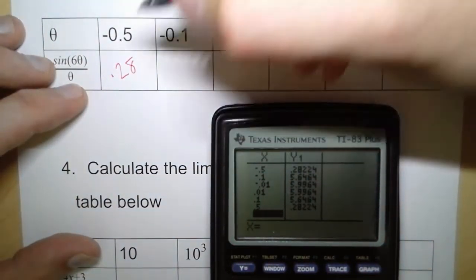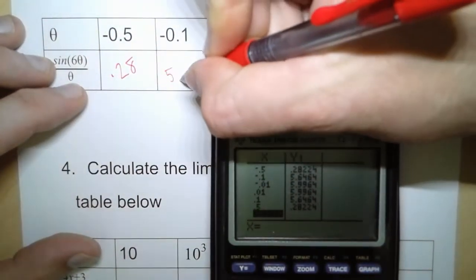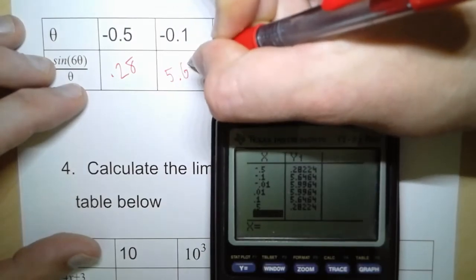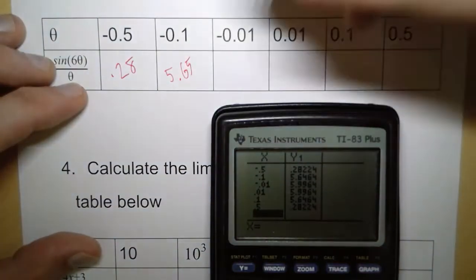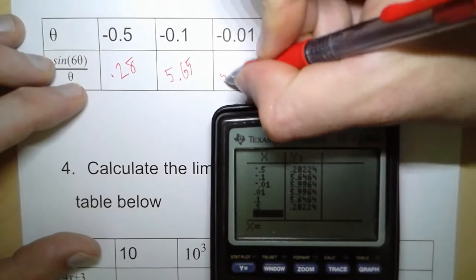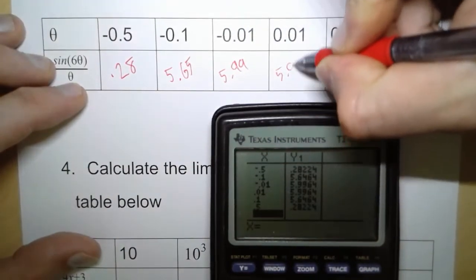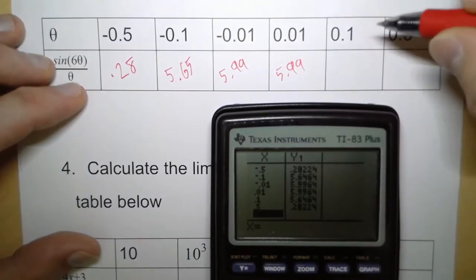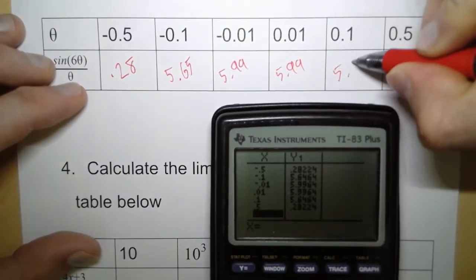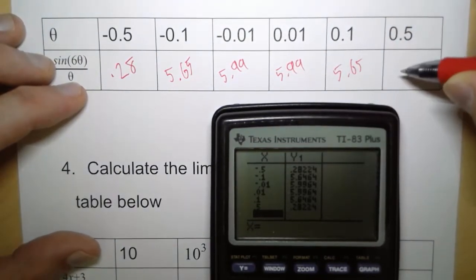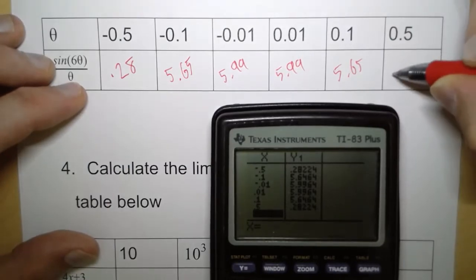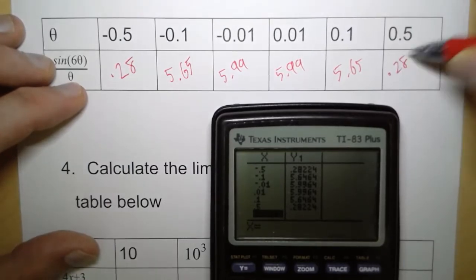For negative 0.1, it's 5.65. Negative 0.01 is 5.99. For 0.01, it's 5.99. For 0.1, it's 5.65. This seems to be symmetrical. And then we have 0.28.